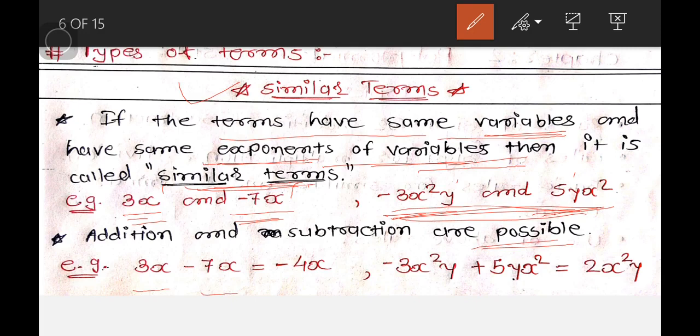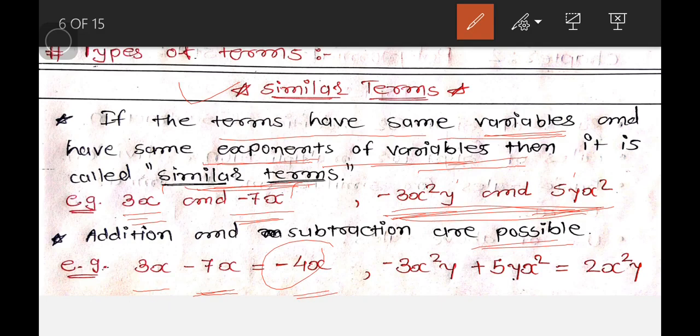According to the above rules, here the two terms have different signs, so we do subtraction. So we subtract 3 from 7. So 7 minus 3 is equal to 4x, and here 7x is the larger term, so we put a minus sign.